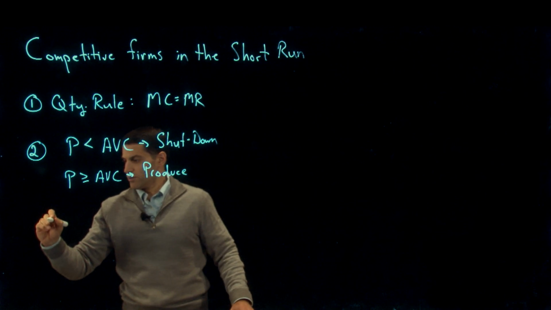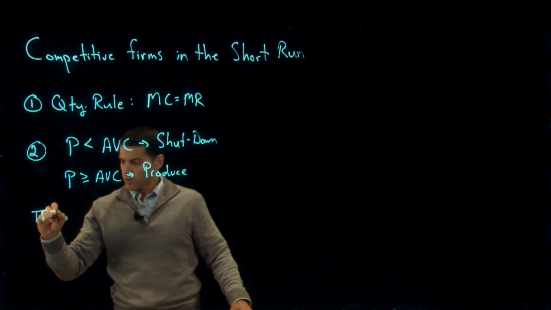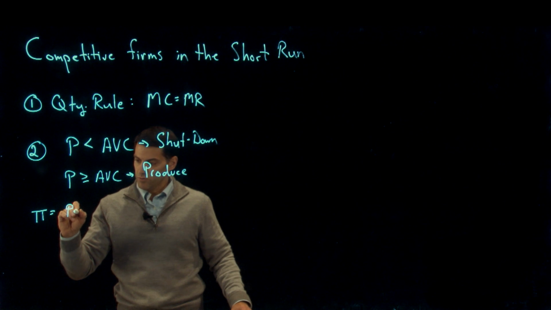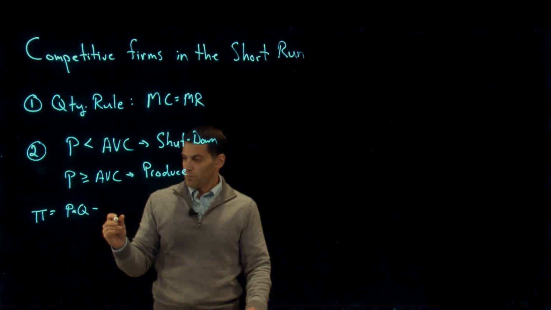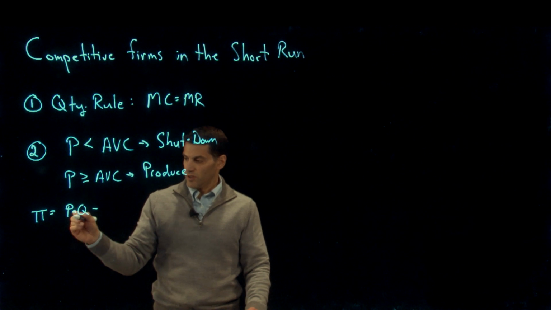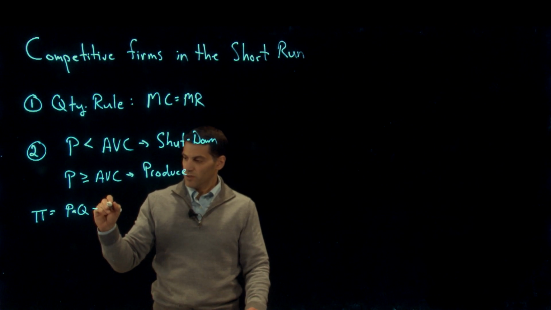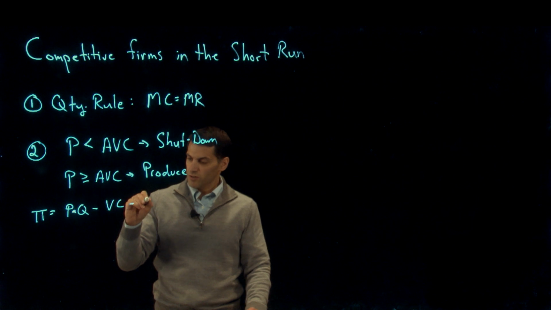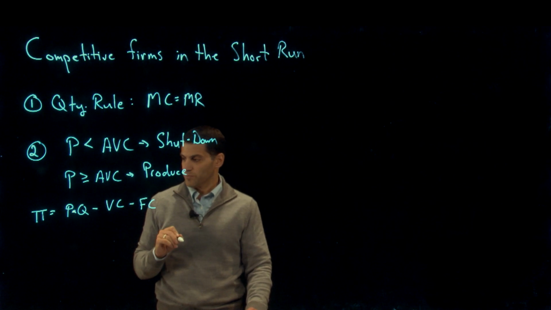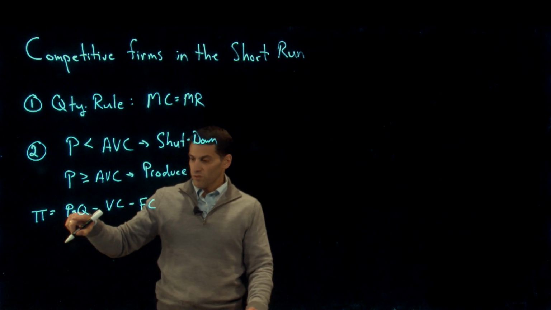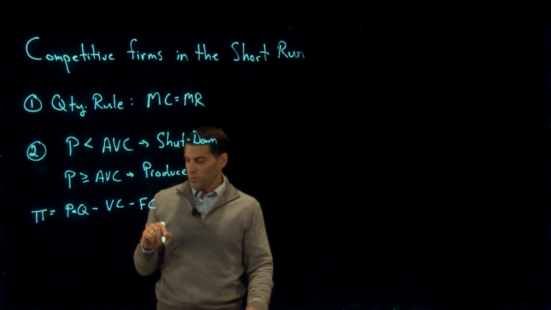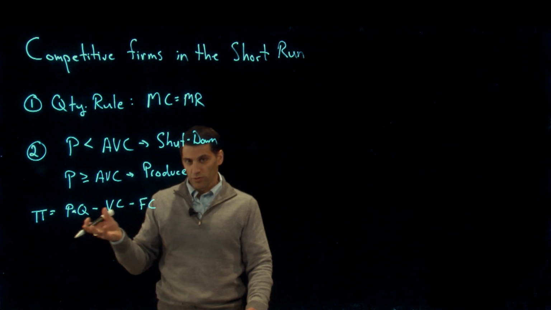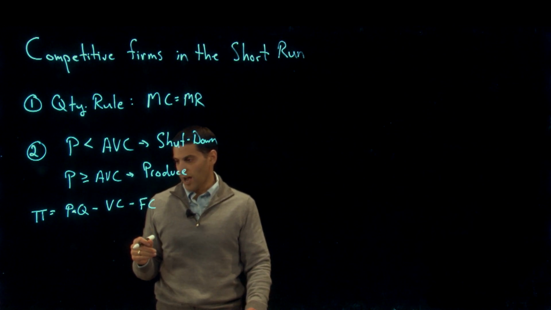If we think about our profit equation, total revenue, which is price times quantity, minus variable cost and minus fixed cost. Well, we can divide everything through by price, in other words, pull the price out.